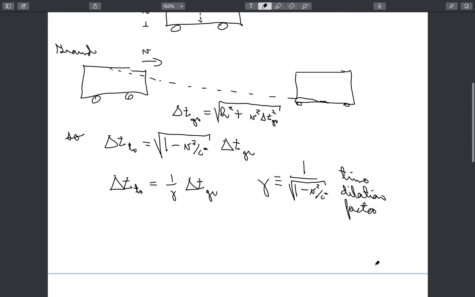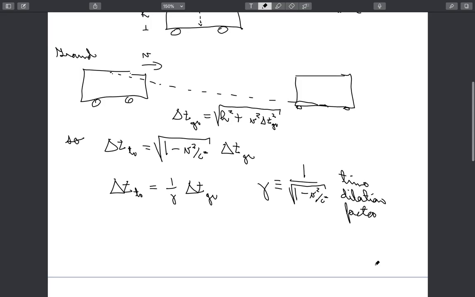Okay, so that's the first strange thing about special relativity.